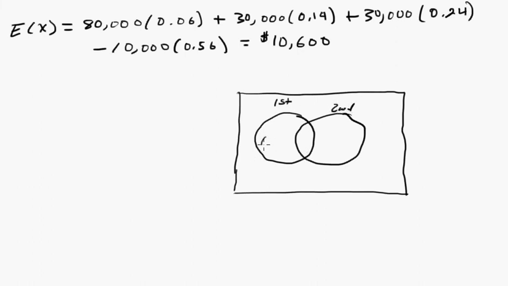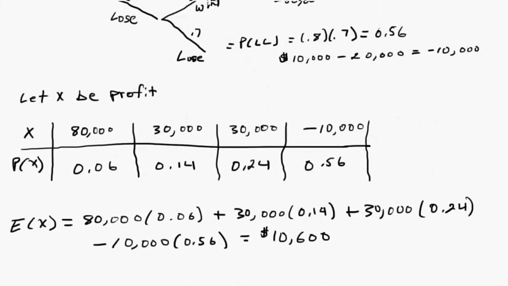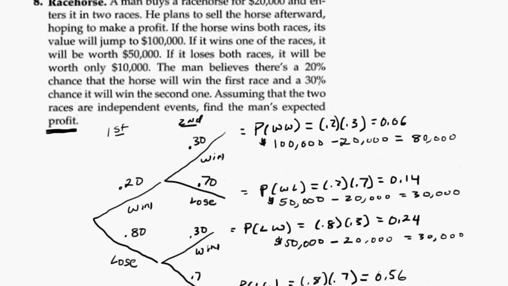So you would get 0.14 and 0.06 is winning both, and then 0.24, and then the probability of winning neither, 0.56. I don't know, maybe a Venn diagram would have helped, but I think the tree works better for me. Okay, good luck.